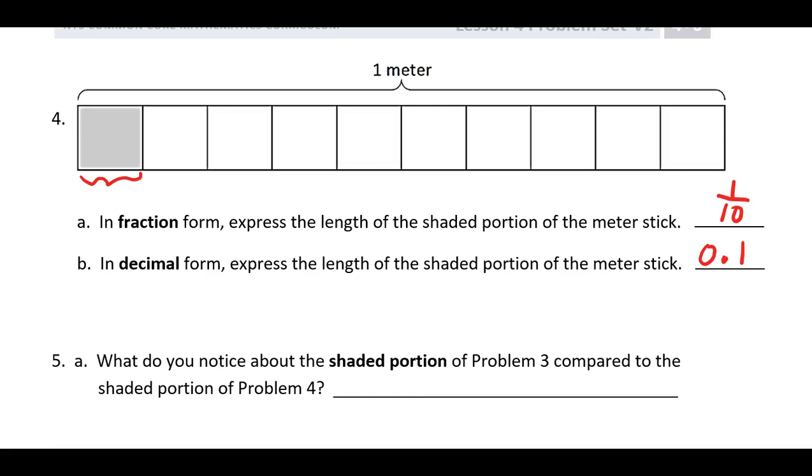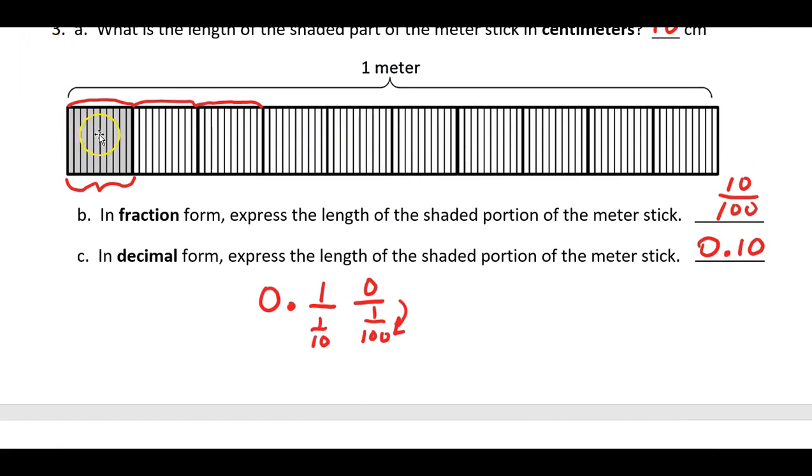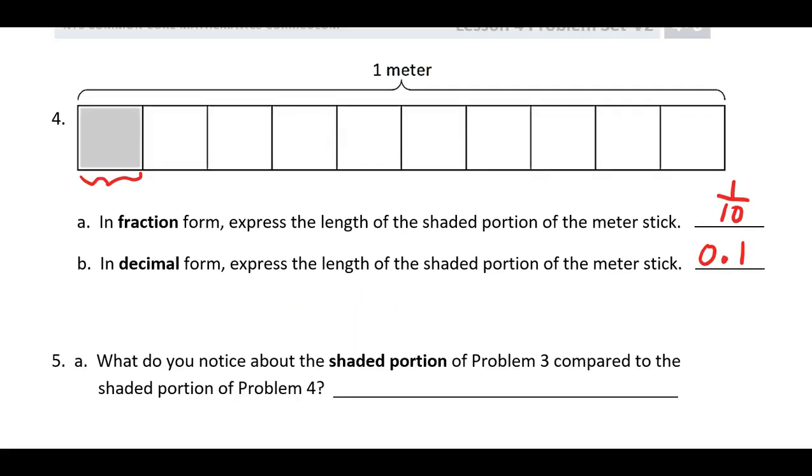Question 5 says, what do you notice about the shaded portion of problem 3 compared to the shaded portion of problem 4? So if we go back and look at problem 3, as we mentioned, 1/10 has been shaded in on the whole meter. That 1/10 was made up of 10 hundredths. So I can say that 10 hundredths is equal to 1/10.